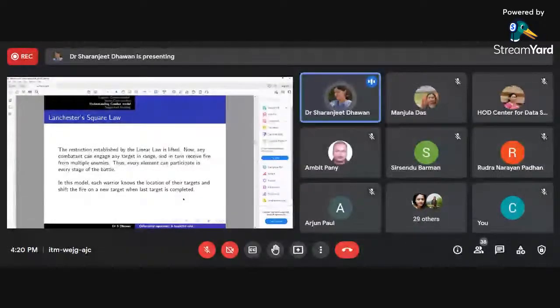The restriction established by the linear law is now lifted. So now any combatant can engage any target in range and in turn receive fire from multiple enemies. Thus, every element can participate in every stage of the battle. So there is no more restriction of one-to-one engagement.